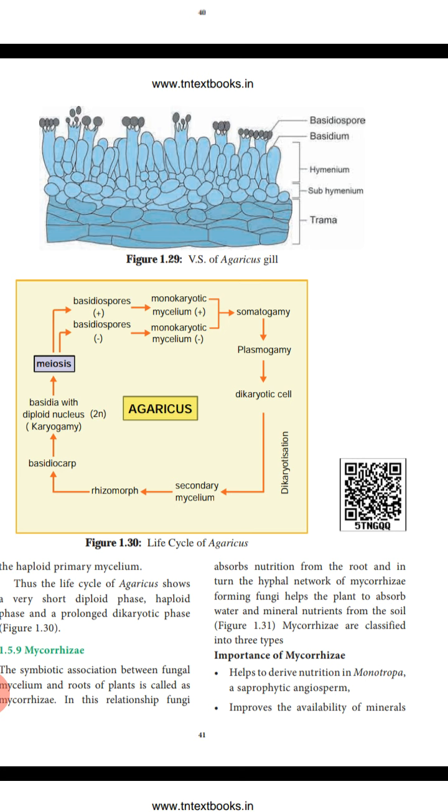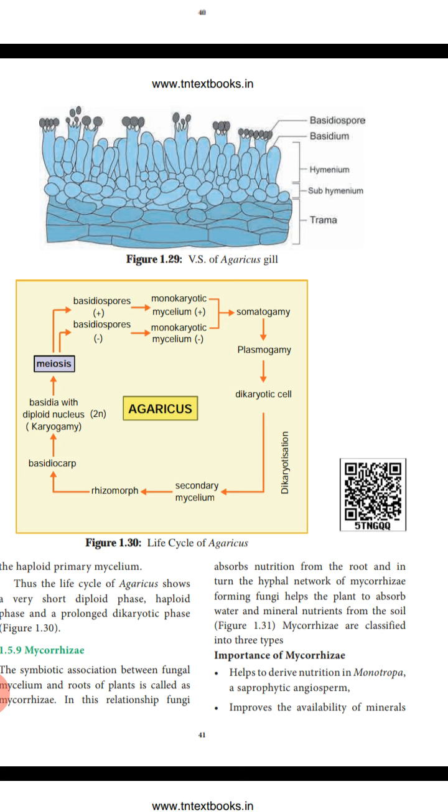Next, the monokaryotic mycelia of opposite strains, the plus strain and the minus strain, will fuse together, and that is called somatogamy. In somatogamy, only the cytoplasm is fusing, so that is called plasmogamy. This plasmogamy leads to the dikaryotic condition.